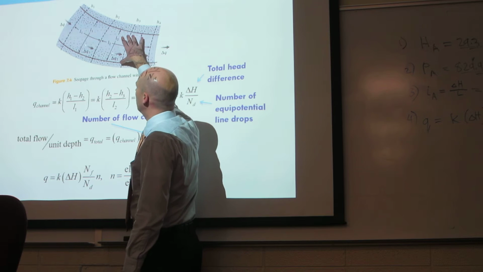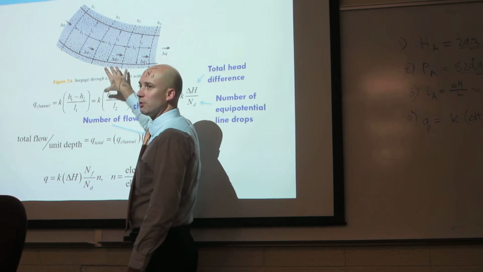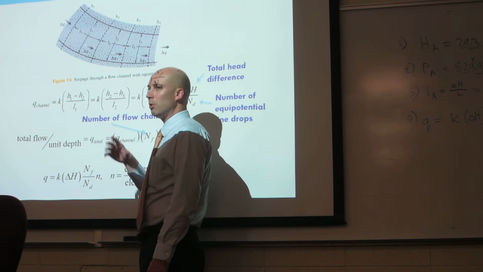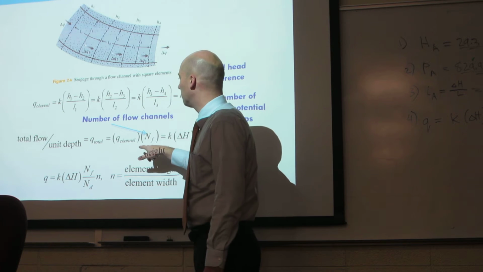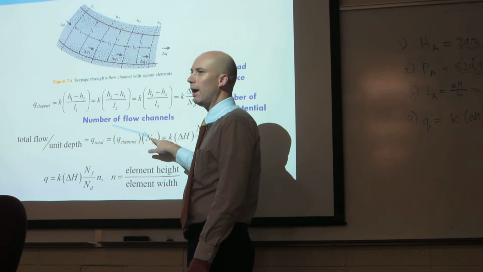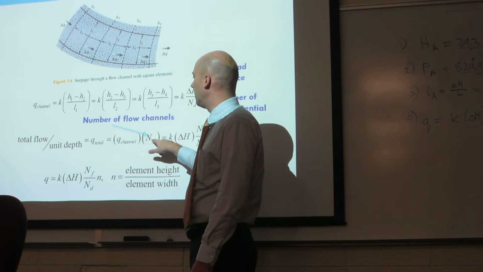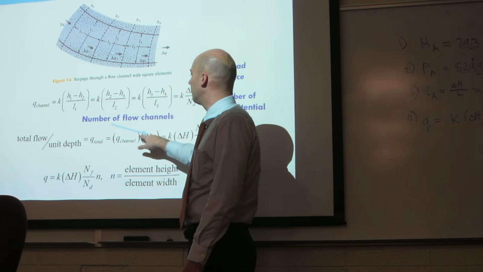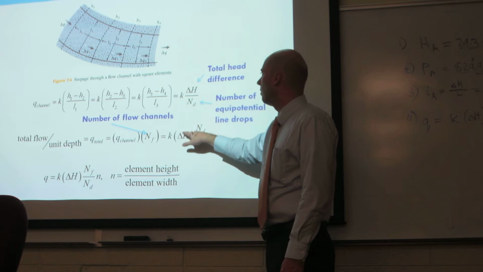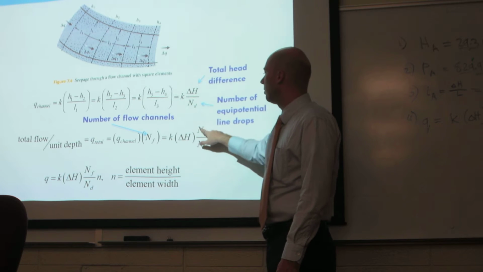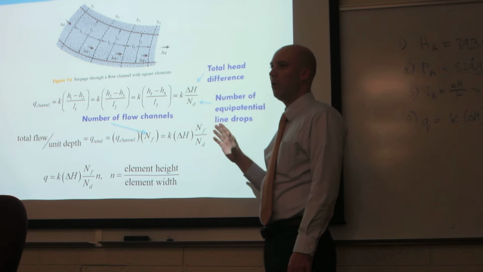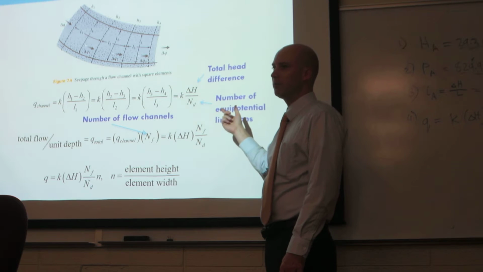But say I've got multiple flow channels. So if I want the total flow through all those flow channels, all I have to do is multiply the flow through one channel times the number of channels that I have. And that's where that NF comes in, the number of flow channels. So this times the number of flow channels gives me my flow for one unit area.